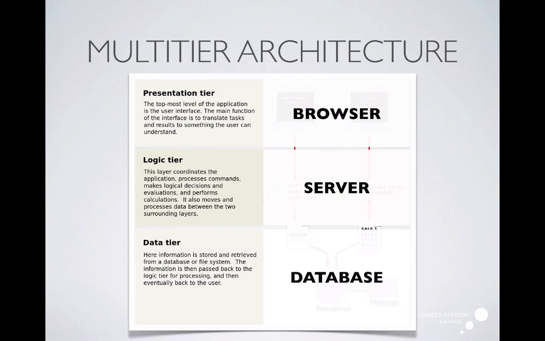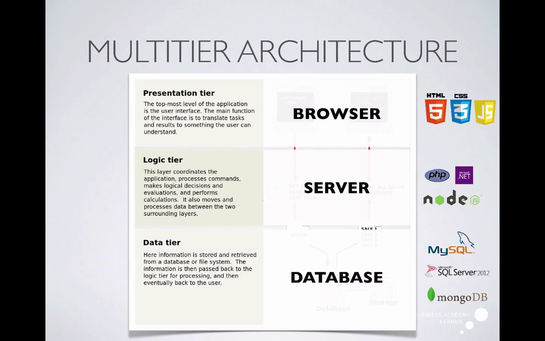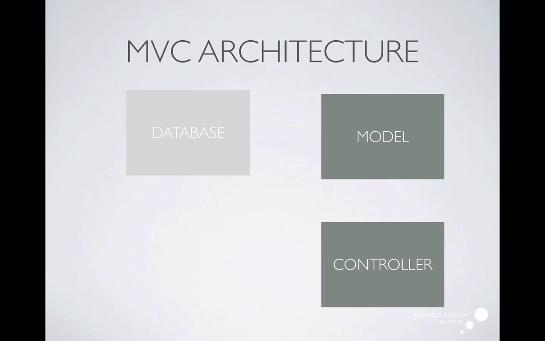The technologies that run on these platforms would be HTML, CSS, JavaScript in the browser, and in the server we will have PHP, .NET, or Node.js, or whatever it may be. And then in the data tier we will have the database technology. That could be MySQL, SQL Server from Microsoft, or MongoDB, or another NoSQL database.